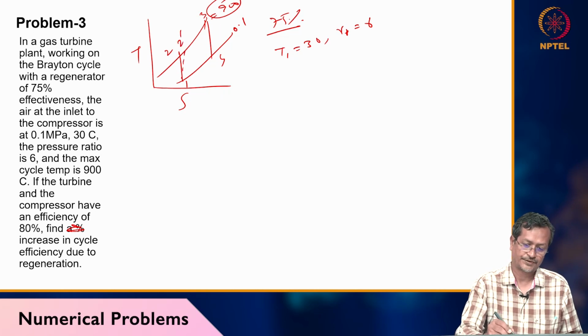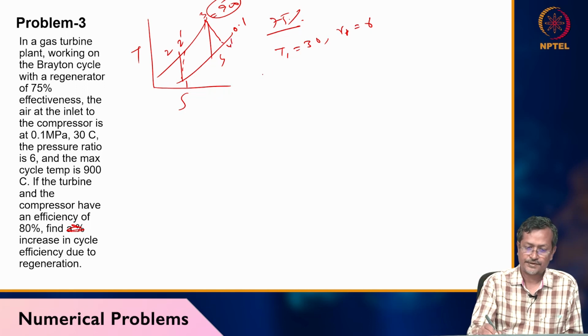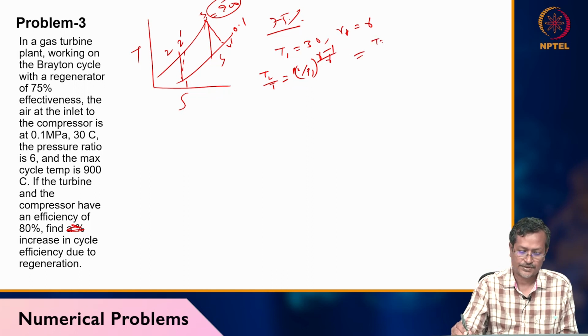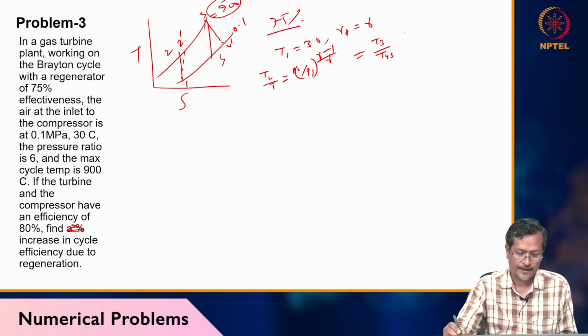Okay, so again T2 dash, 3, 4 dash. Now T2 by T1 equals P2 by P1 raised to gamma minus 1 by gamma, equals T3 by T4s, equals 6 raised to 0.4 by 1.4, which is 1.668.